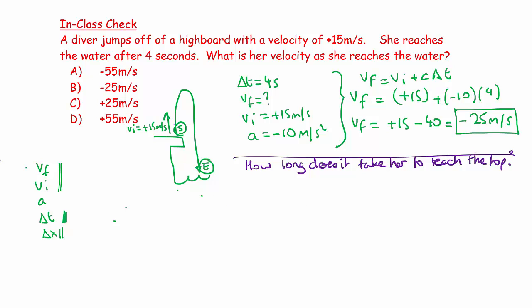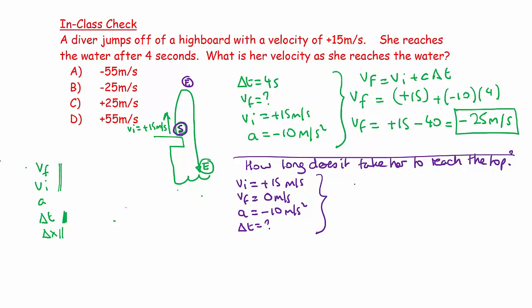So now I'm starting here, but I'm ending here. And I say, oh, well, VI equals plus 15 meters per second. And VF is equal to 0 meters per second because she's at the top. And then A is equal to minus 10 meters per second squared. So delta T for this journey equals, I don't know.